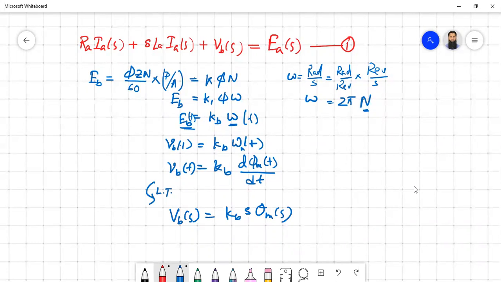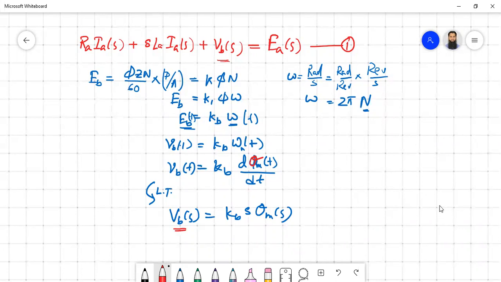So sorry about that, it will be theta m as well. Now we can easily replace the Vb in this equation with theta m.